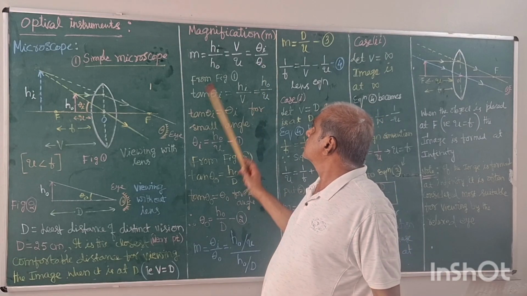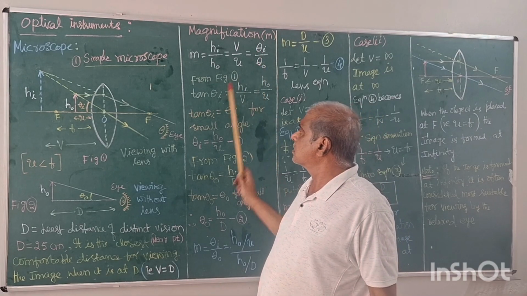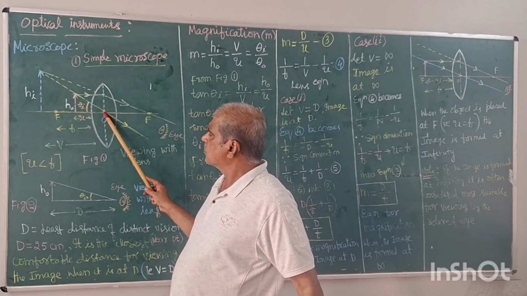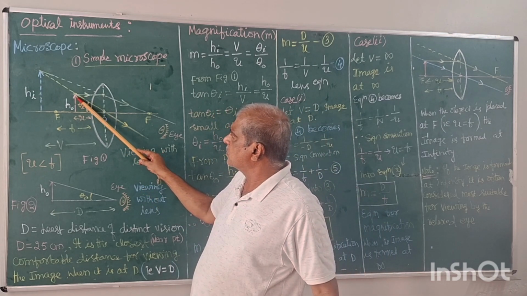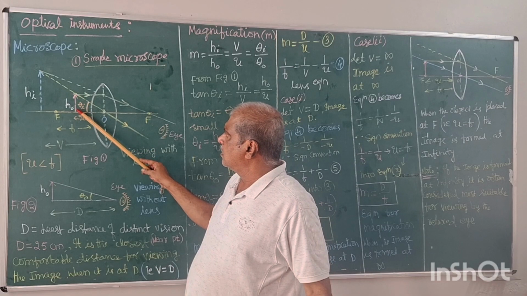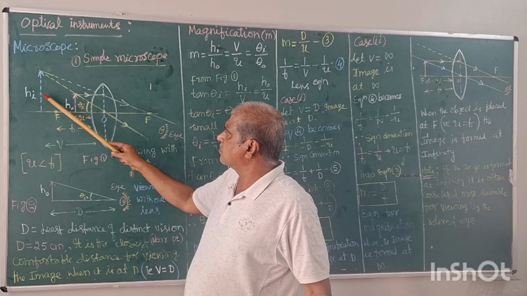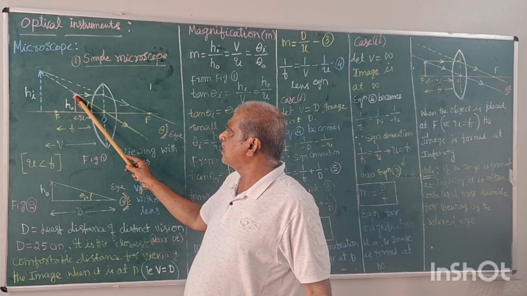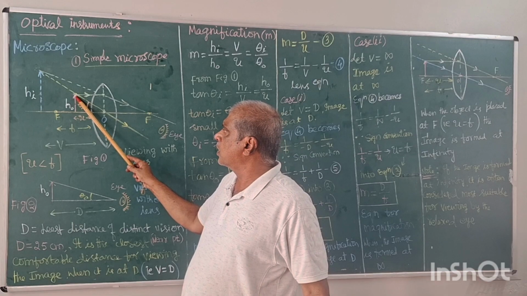Let us understand what theta I and theta naught are. In this diagram, here it is extended. There is an object at this distance. To find the position of the image, you can take any two light rays from the point on the tip.